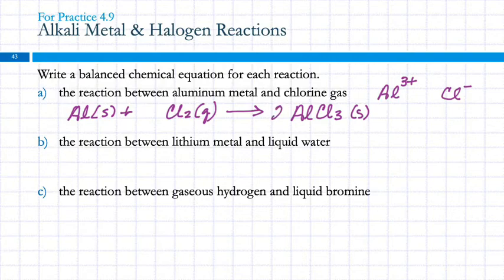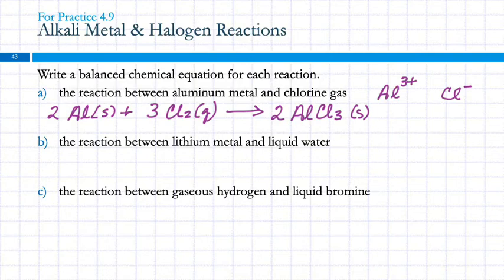We're going to need 2 of these so that we get 6 chlorines, and then we can get 6 over here with a 3, and then 2 Als. Because this is an even number, and that's an odd number, and if I double this one, I make it into an even number, and then things get better.